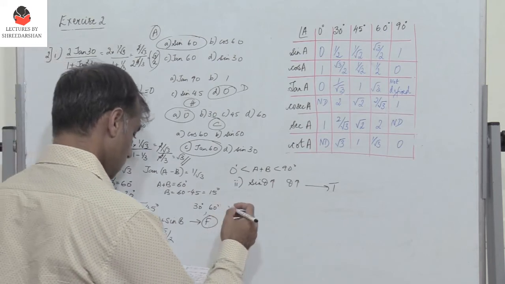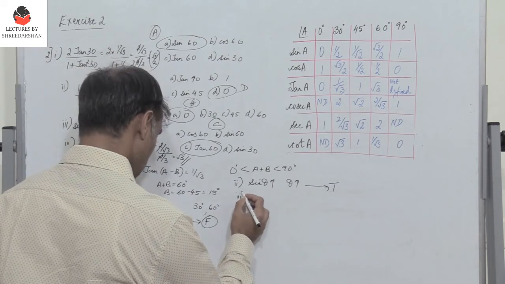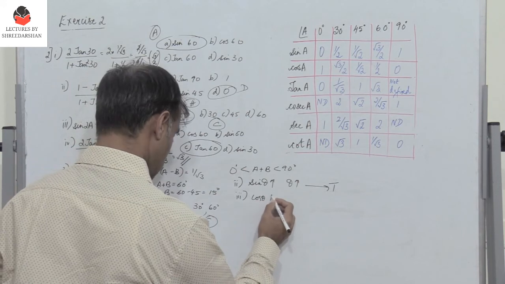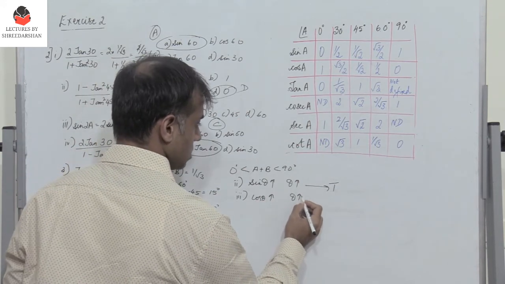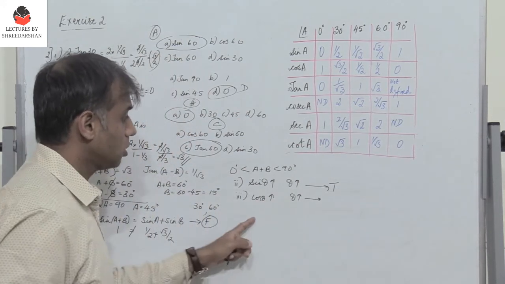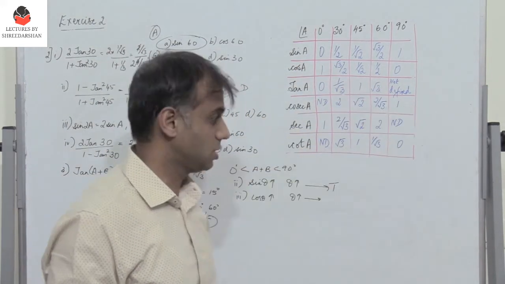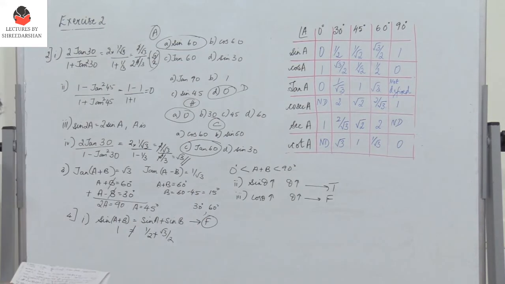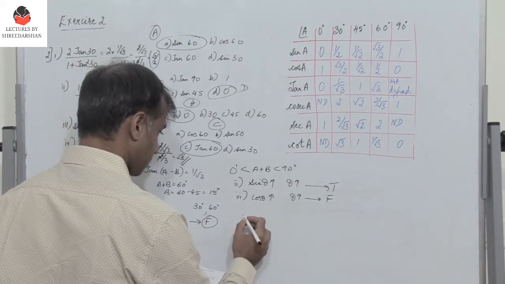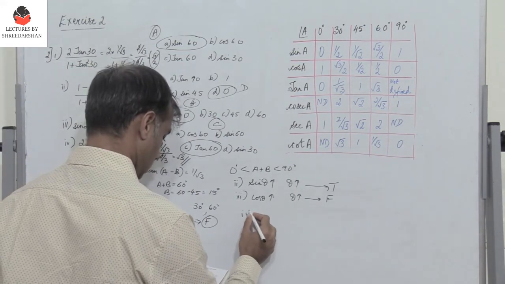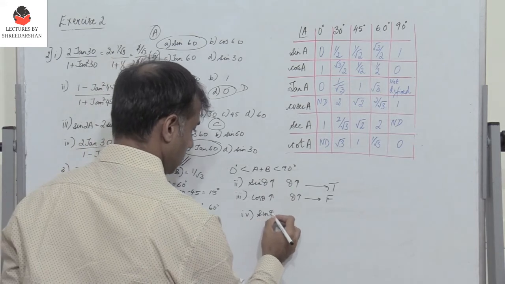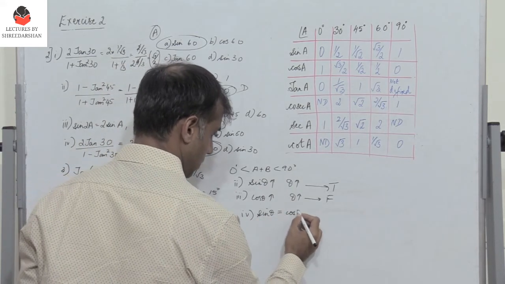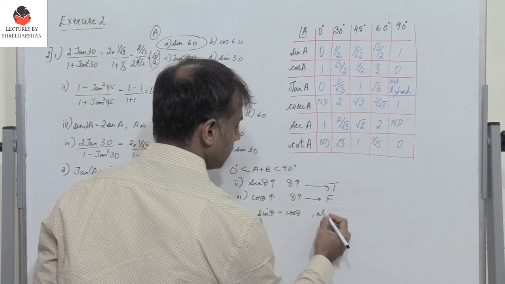So moving on, the value of cos theta increases as theta increases. I've told you that the value of cos theta decreases as theta increases. So this is a false statement. The next one, sin theta equals cos theta for all values of theta.